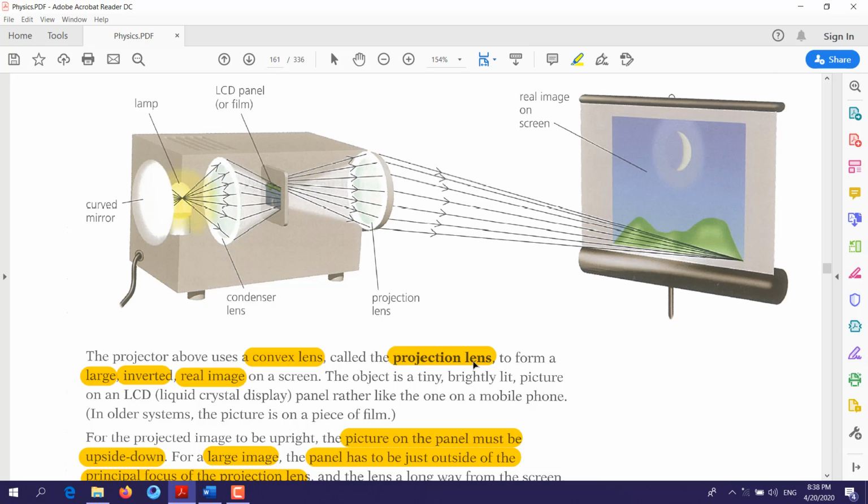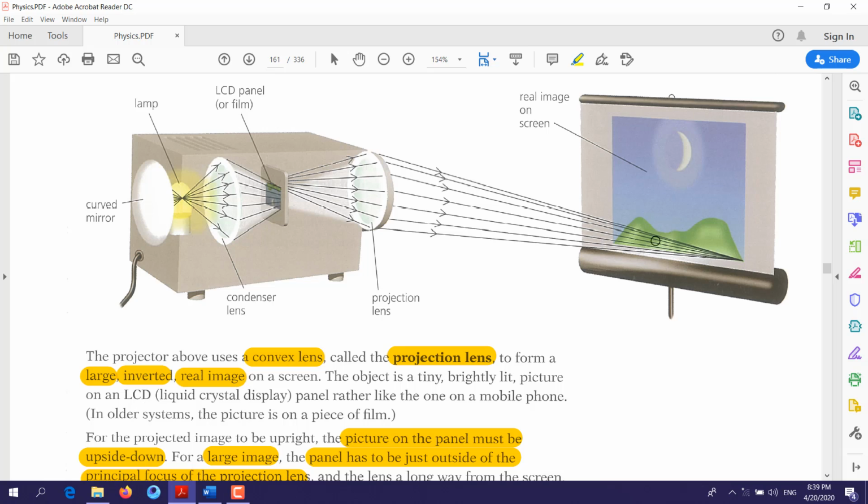They call this convex lens the projection lens. It will form a large inverted real image. So what are the features of the image formed by the projection lens? By this projection lens, it's a large, inverted, and real image.